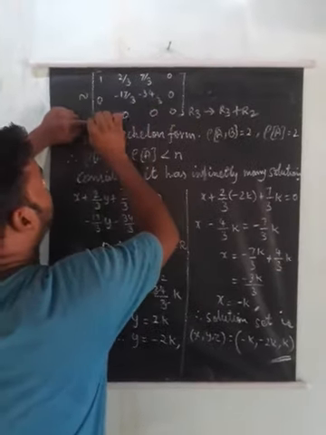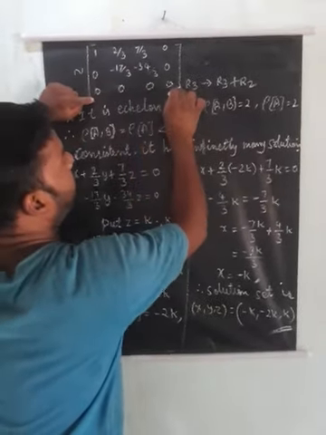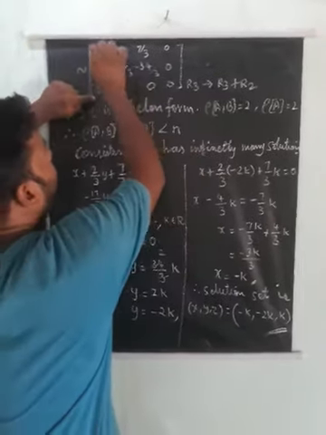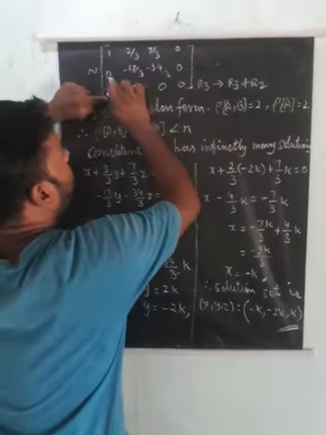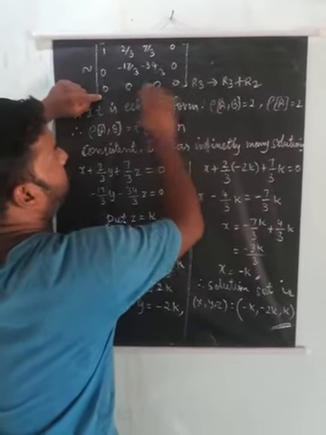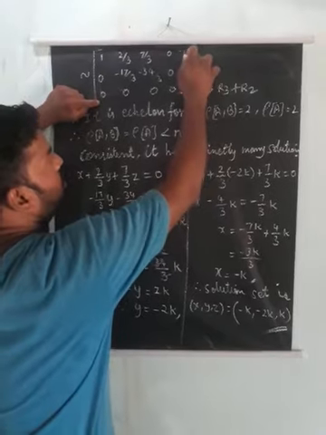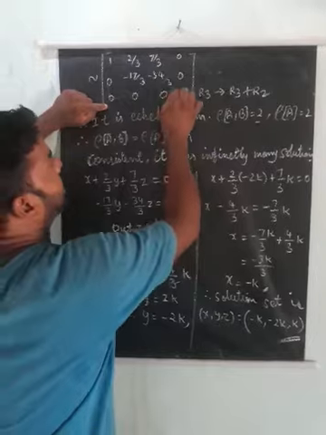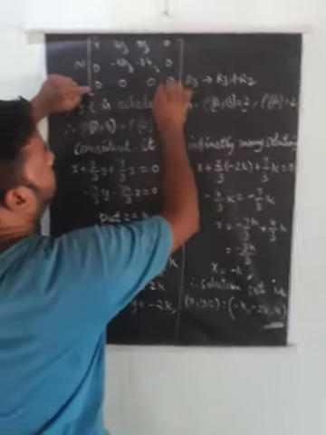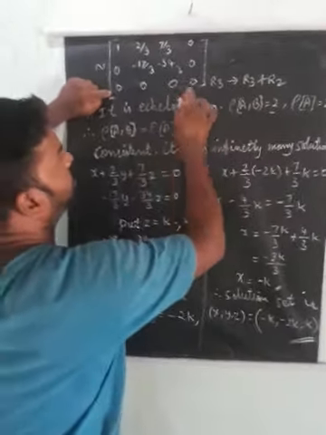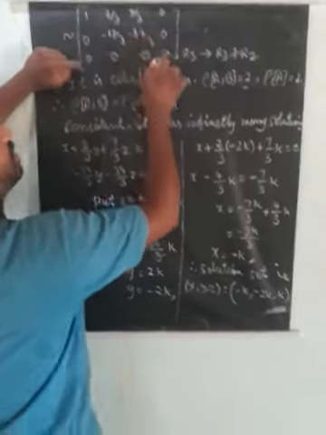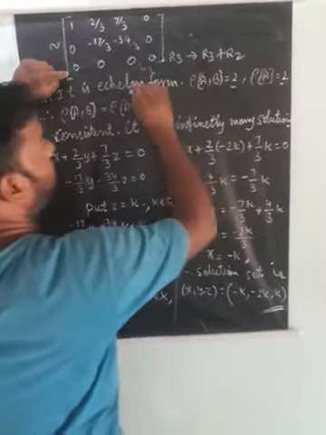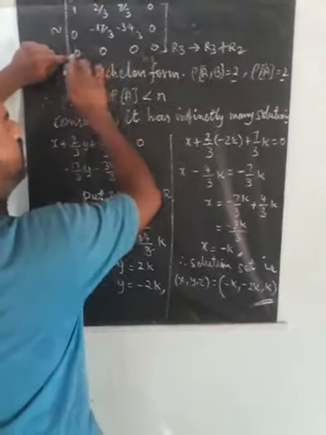[A, B] is a 3 by 4 matrix. Row 1 has values, row 2 has values, and row 3 is fully 0, so the rank of [A, B] is 2. Then A is a 3 by 3 matrix; its rank is also 2, not 3, because R3 is fully 0.